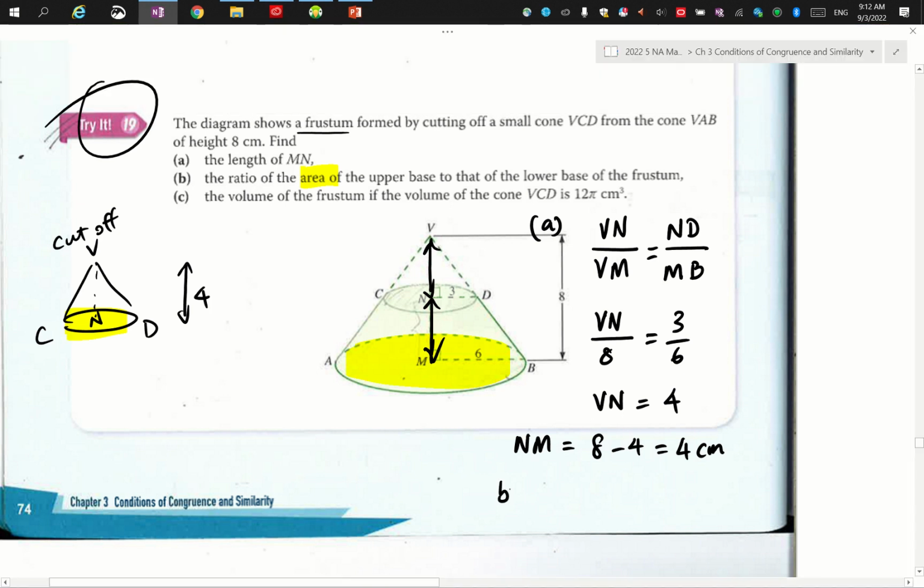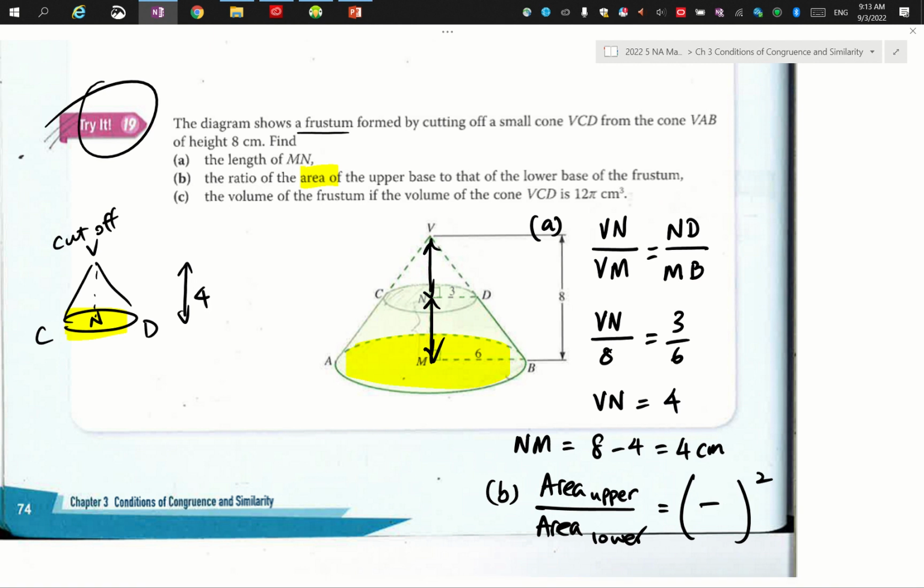So in part B, area upper over area lower equals the square of the ratio of the sides. So the sides, you have the option that you can choose 3 and 6, you can choose 4 and 8.